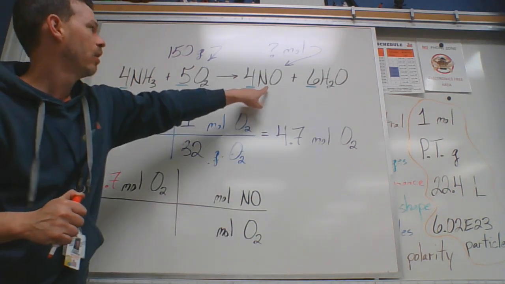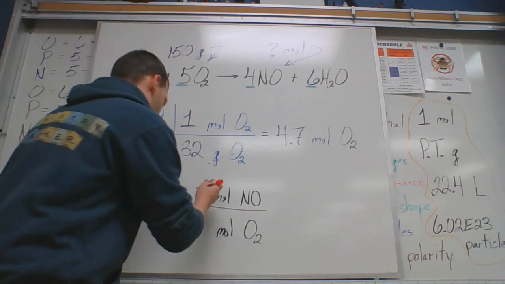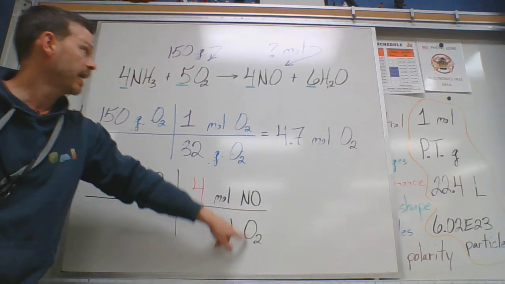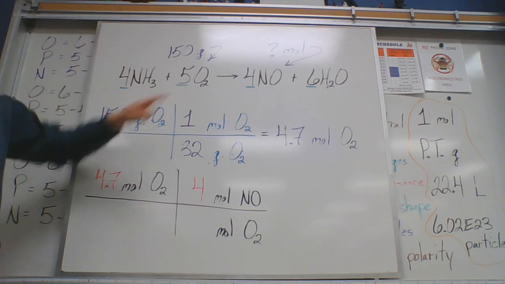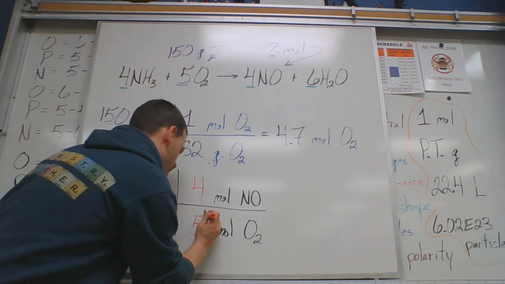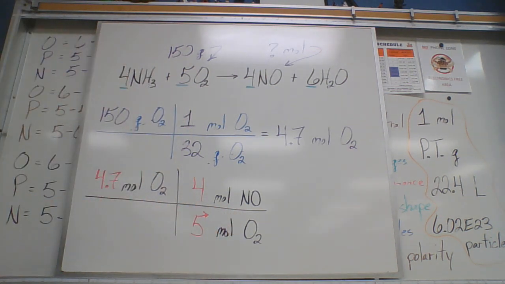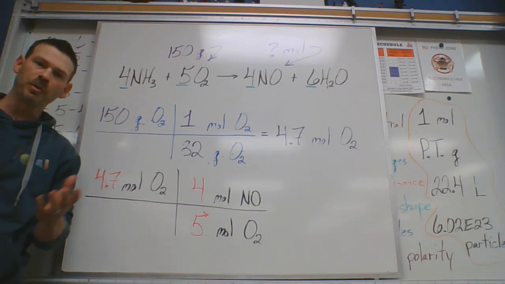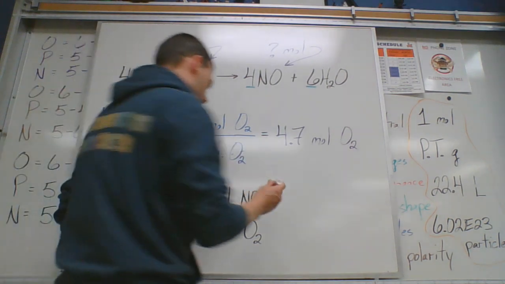So watch how easy this is, though. For NO, it's 4. And for oxygen, it's 5. Multiply across the top, divide by the bottom.